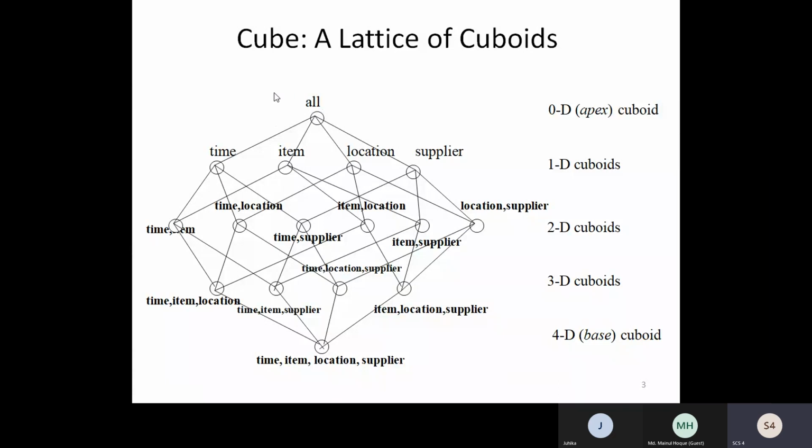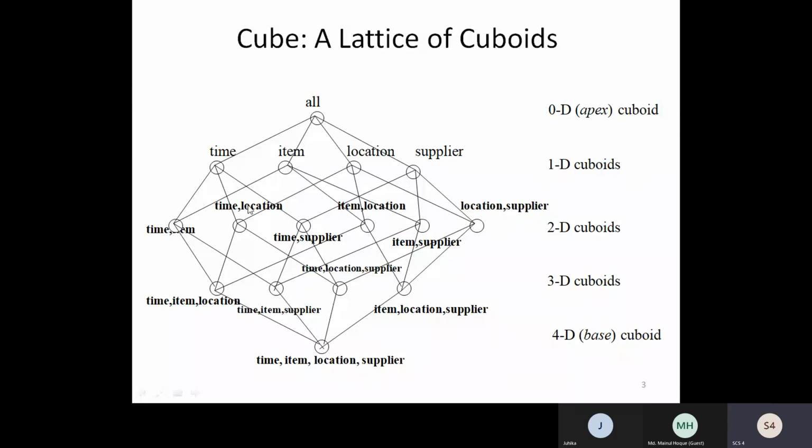So that's why we try to combine more dimensions. At this level, when we talk about the first dimension, there are just time, item, location, supplier, all individual. We are not combining them with other dimensions, so that's why these are 1-D cuboids.